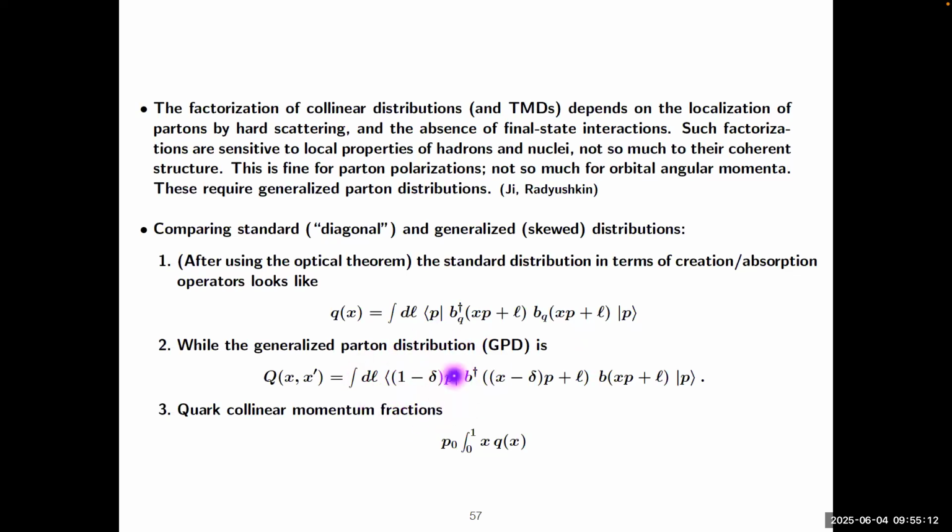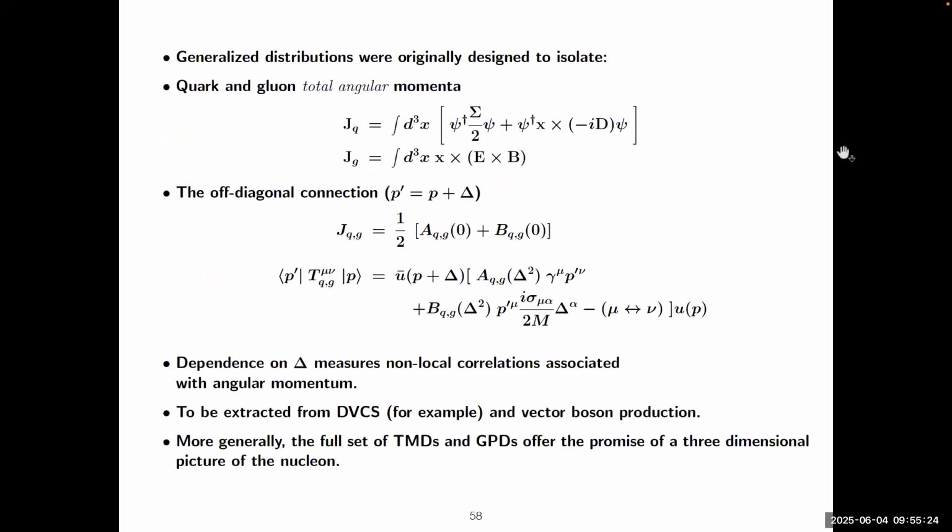Here the outgoing momentum is proportional to the incoming, but not quite. These are collinear fractions of quarks. So the generalized distributions, well, this should look familiar.